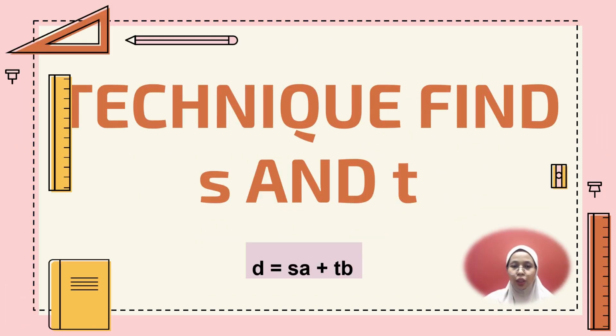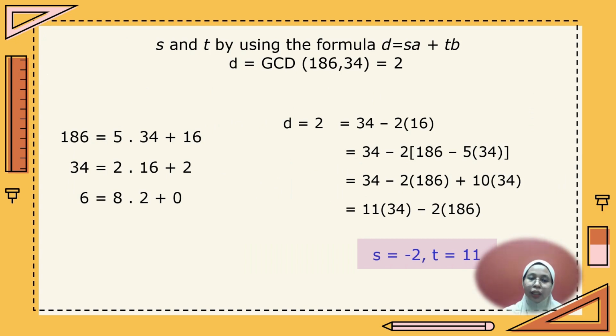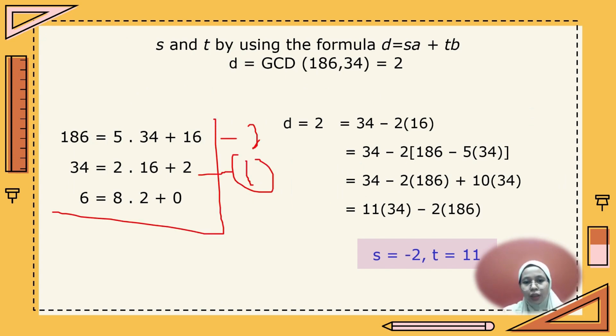After finding the GCD, the next technique is to find S and T. This is the formula: D equals SA plus TB. To find S and T using this formula, after you get the GCD, you insert 34 minus 2 multiply 16 in this formula.